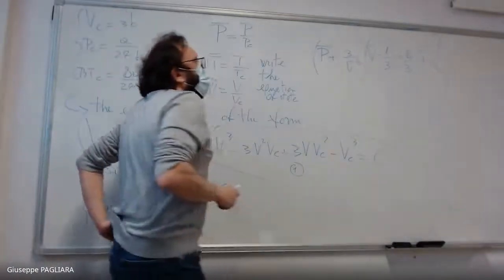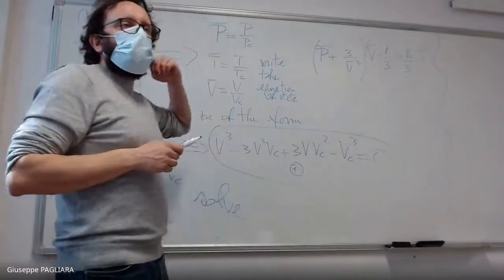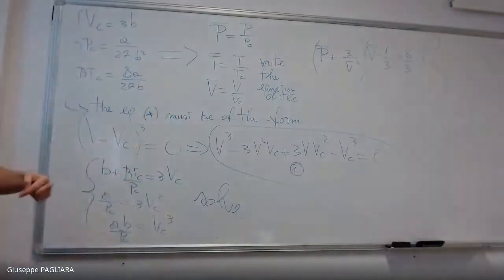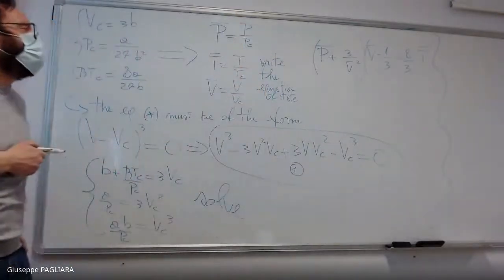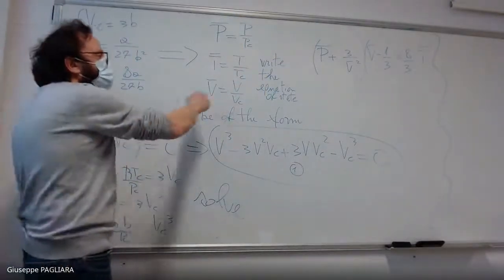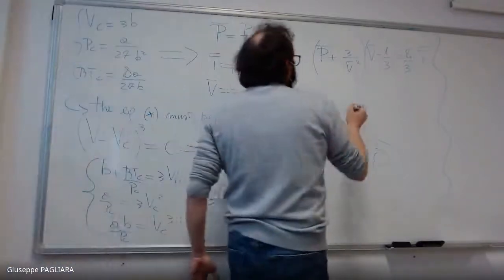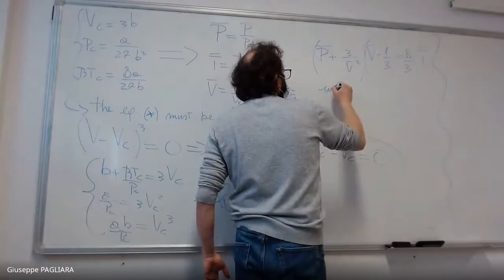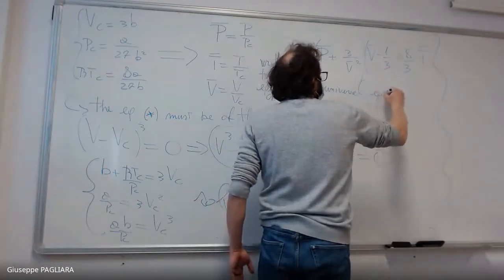There's no, let's say, sign here of the microphysics because A and B are hidden inside the scaling of the pressure, the temperature, and the volume with VC, TC, and PC. Okay, so this is a sort of universal equation of state.